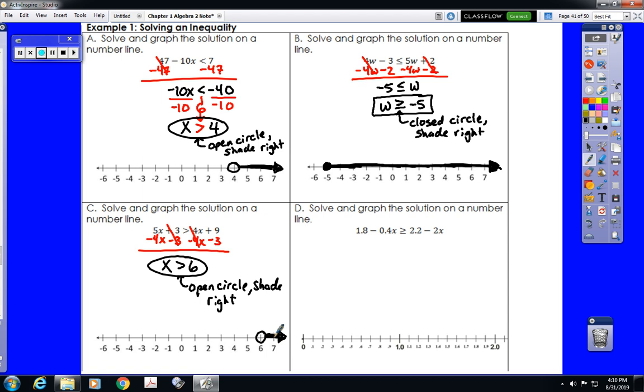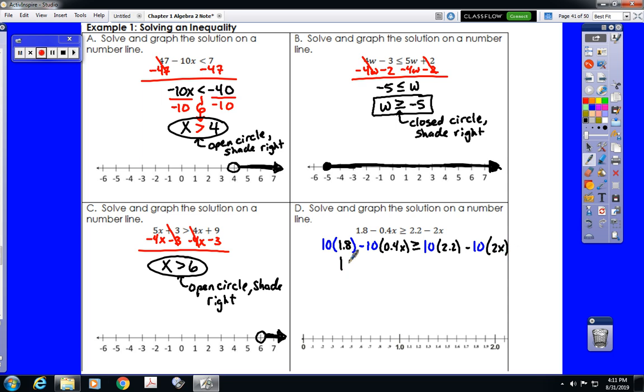And then on the last one we have some decimals, so let's clear those decimals out. We're going to multiply everything by 10. So 10 times 1.8 minus 10 times 0.4x is greater than or equal to 10 times 2.2 minus 10 times 2x.